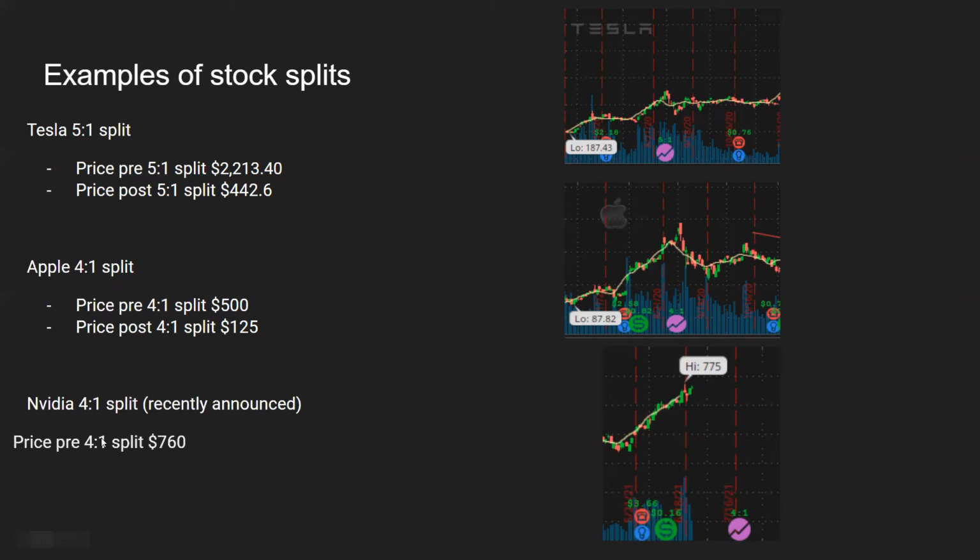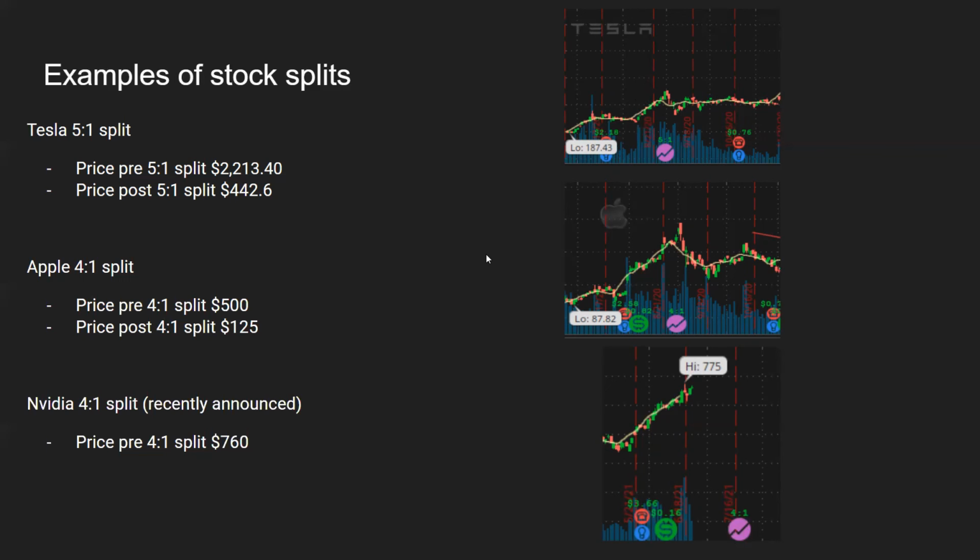Now Nvidia is our final example. They recently announced that they were doing a stock split, and their price is currently at $760. They announced it around here, and look at this crazy run up that they've been having. I'm predicting that there's going to be a pullback around this split date, just as it occurred with Tesla and Apple, and I will be buying puts.